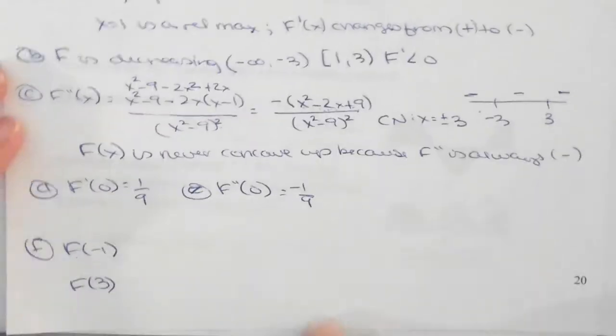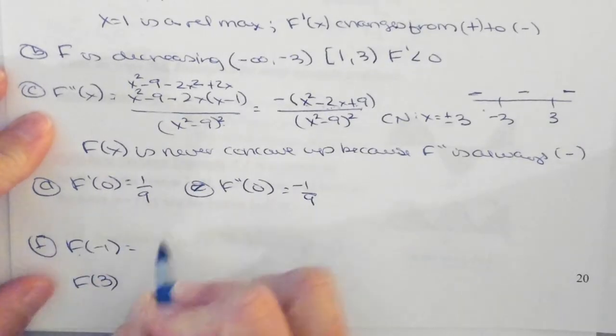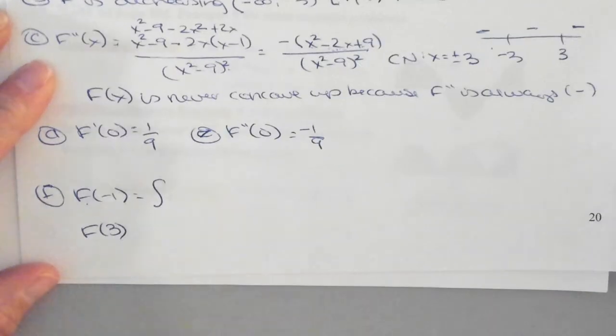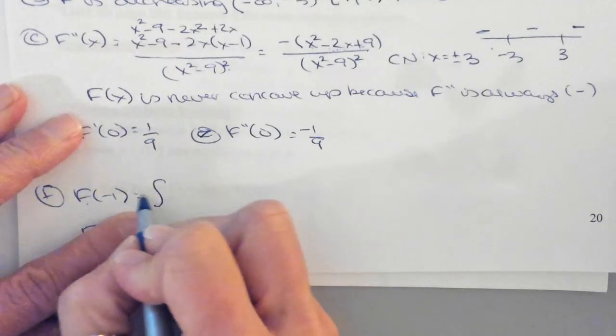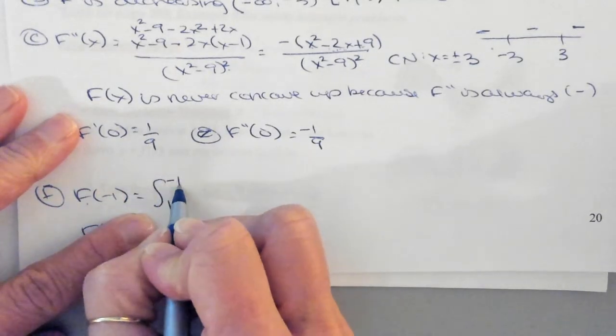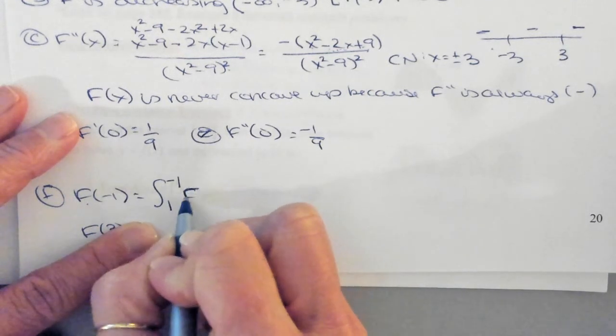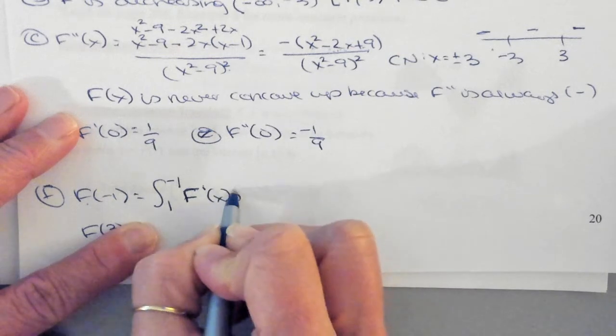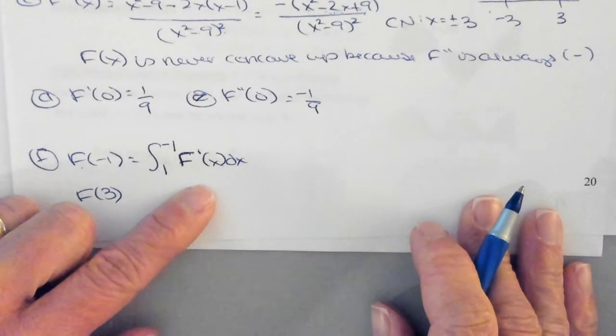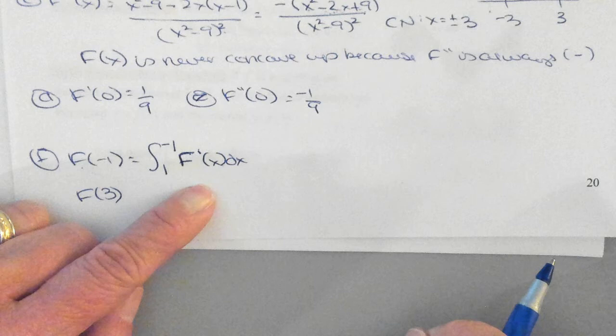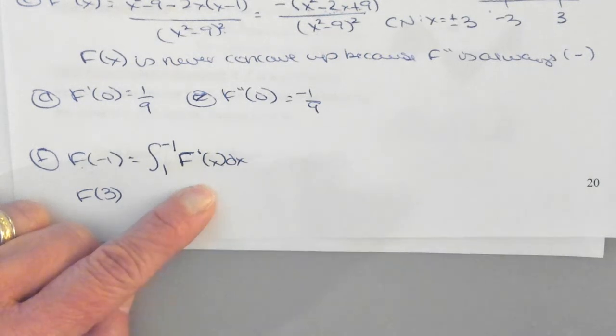So what they want is the integral, I'm just going to fill it in exactly as is. 1 to negative 1, and I'm just going to write f prime of x dx, because I don't want to write the whole thing out, because I'm lazy. Sorry. It's already in my calculator. We have it at the top, and we put it in the calculator.